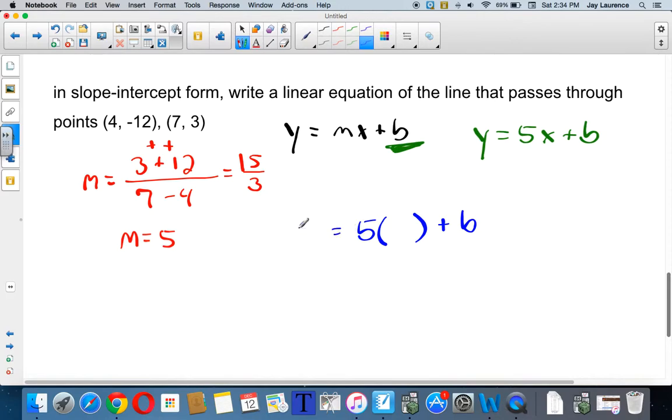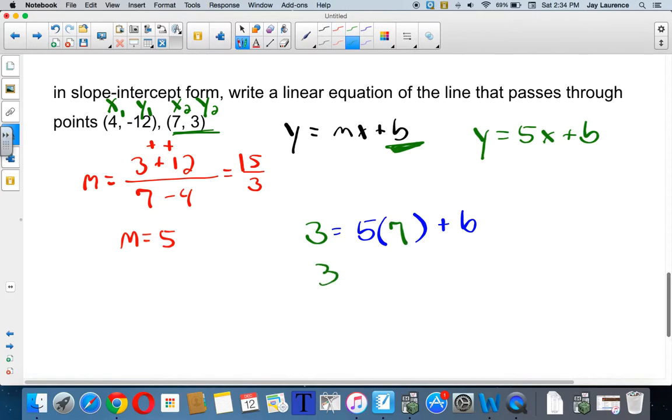And I do know y. If you look at either of these points, it doesn't matter which one you want, you have an x and a y. You can pick either of those points. I think I'll pick this one. I'm going to put 3 in y's place and 7 in x's place.